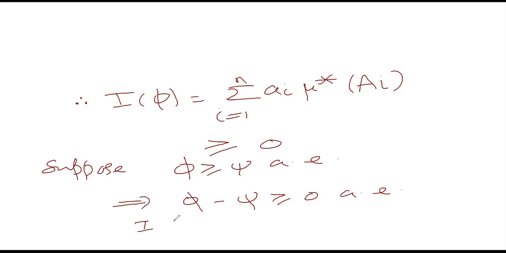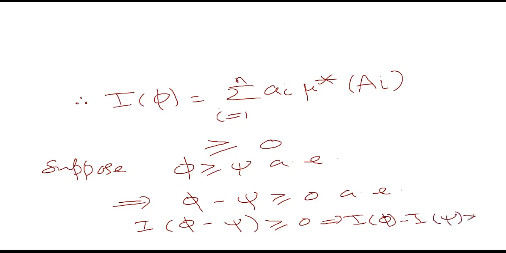This means integral of phi minus psi is greater or equal to 0, which implies integral of phi minus integral of psi, this is already done in the linearity property, is greater or equal to 0, and this implies integral of phi must be greater or equal to integral of psi.